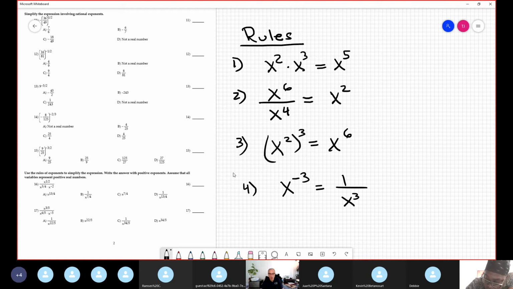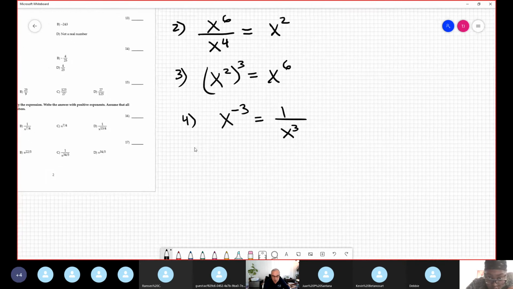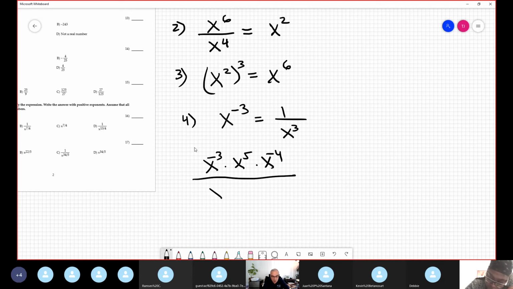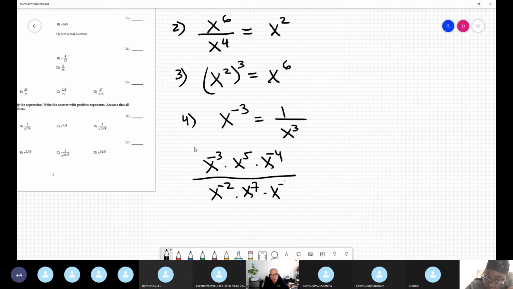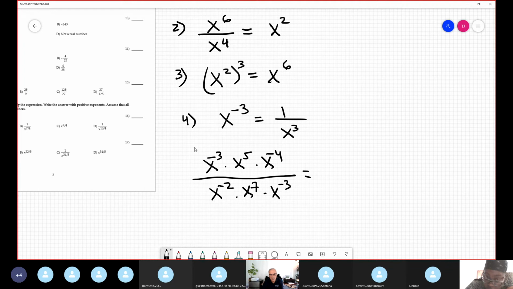So when you have in the top, for example, negative exponents, x to the minus 3, x to the 5, x to the minus 4, and in the bottom, for example, x to the minus 2, x to the 7, positive, and x to the negative 3. What should I do? Well, my recommendation is the positive exponents stay in their corresponding position.